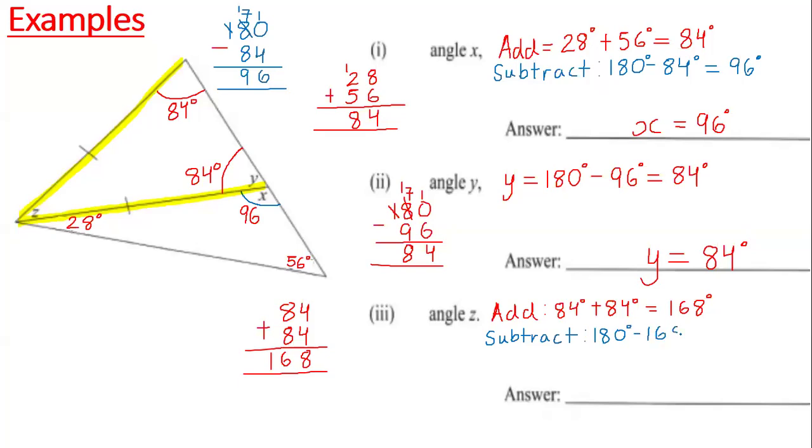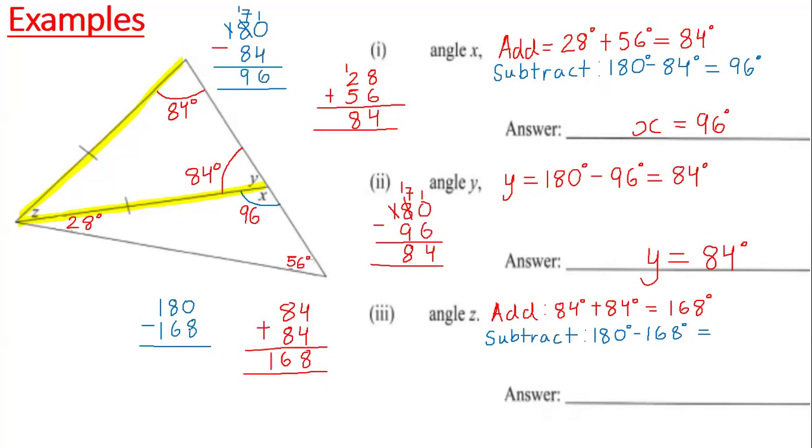Very good. That gives you 12. 180 degrees minus 168 equals 12. You got 12.